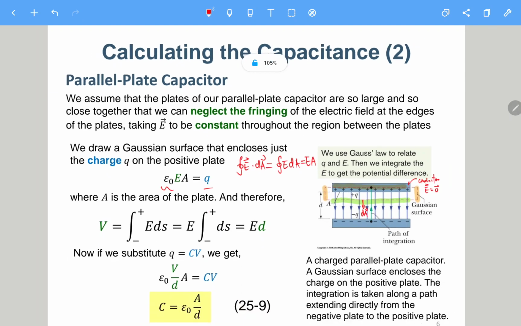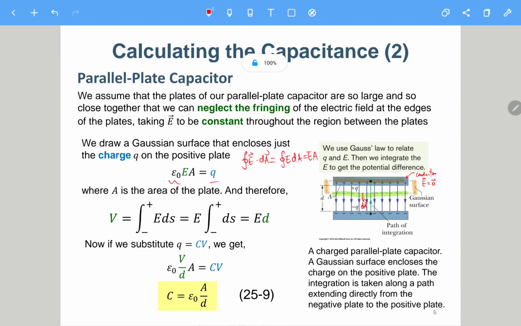Okay, so we just simplify Gauss's law like this, and then on the previous page we have this one, and we also know that E is uniform, so E can be pulled out.